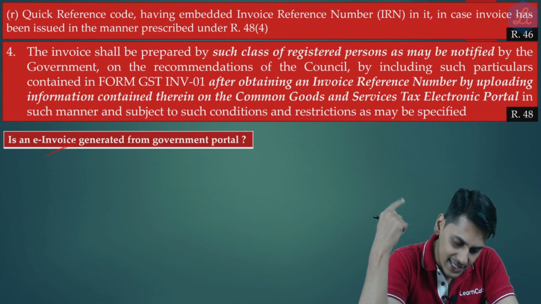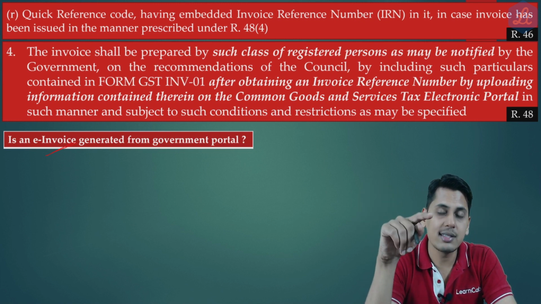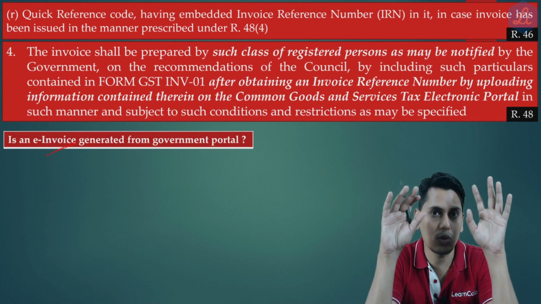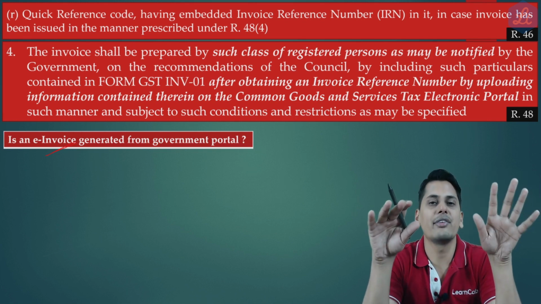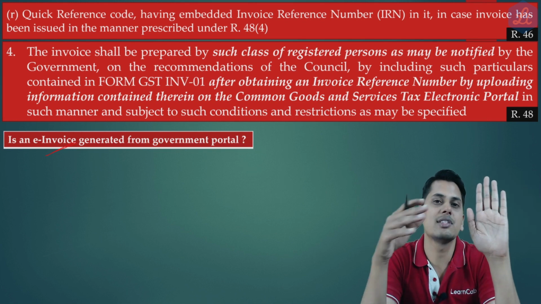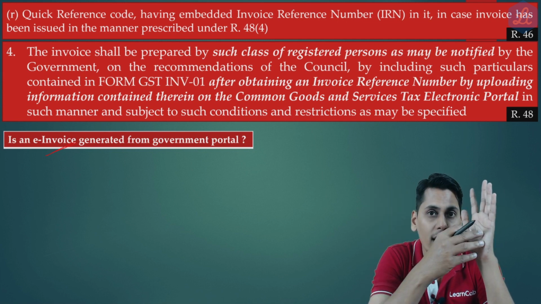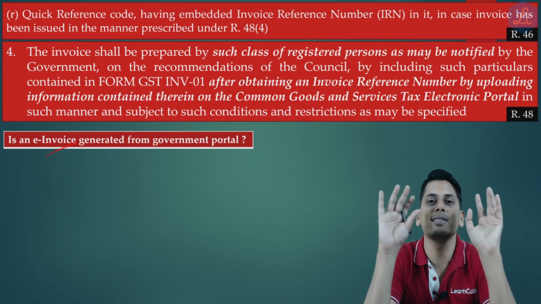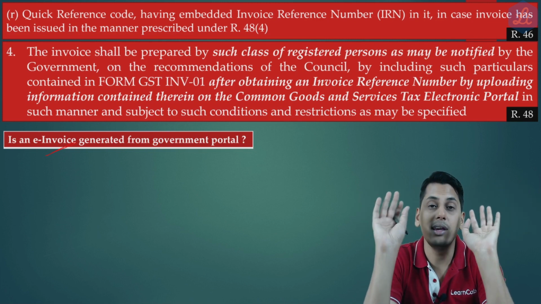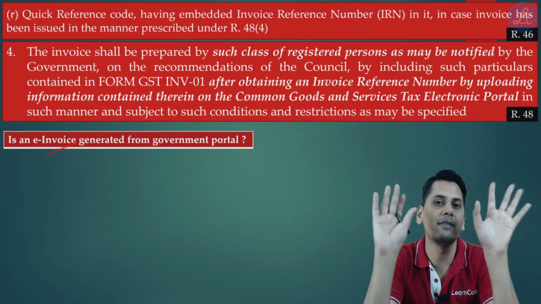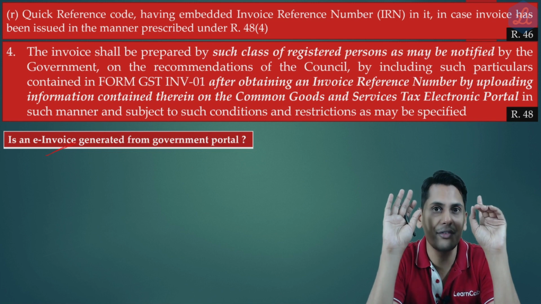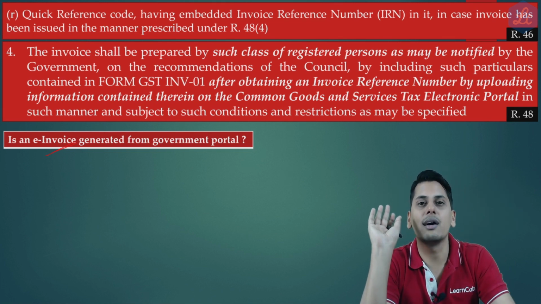The only difference is that the invoice generated by the taxpayer's own software will contain a QR code which has an embedded invoice reference number in it. Invoice is not generated from the government's portal. Only an invoice reference number is generated from the government's portal.